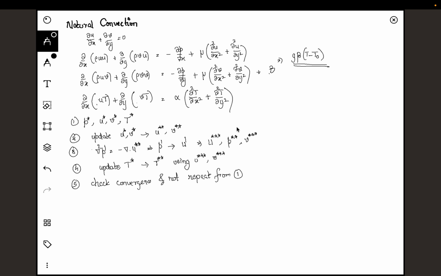But if you are solving a forced convection problem where this effect is negligible, or when your Reynolds number is very high compared to Rayleigh number or something, then you do not have to do this coupling. All you have to do is solve these equations first. Do not worry about step 4. Basically step 4 will get shifted outside the loop. You solve the momentum and continuity first, get your U V, use that U V to solve the temperature equation, and that's it. That will solve your problem.